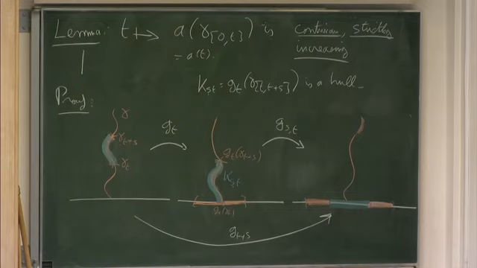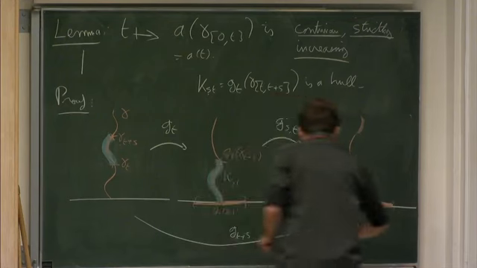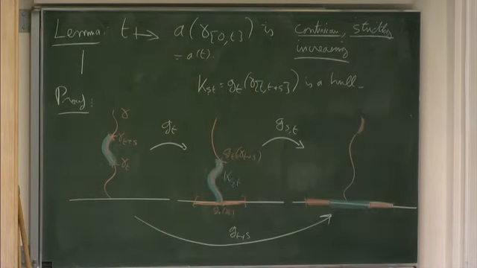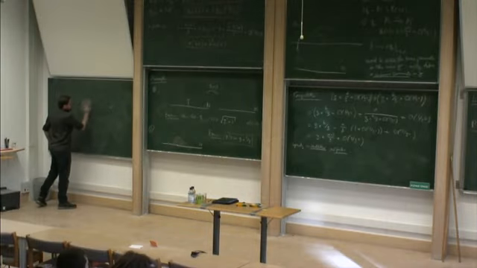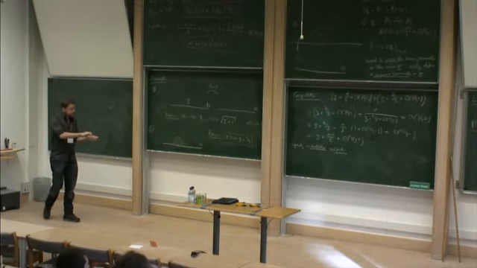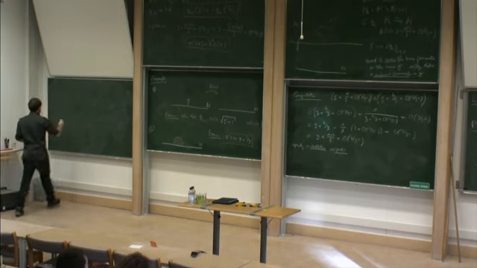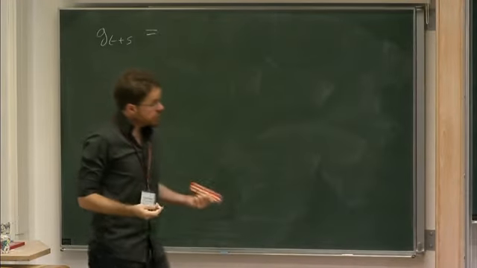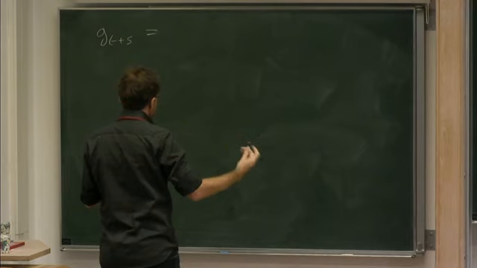So by the uniqueness property, maybe I should get a new board for that. So what we get is that the map g t plus s is just the composition of first doing g t and then doing g s t.